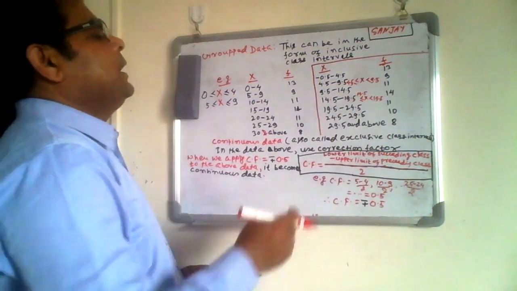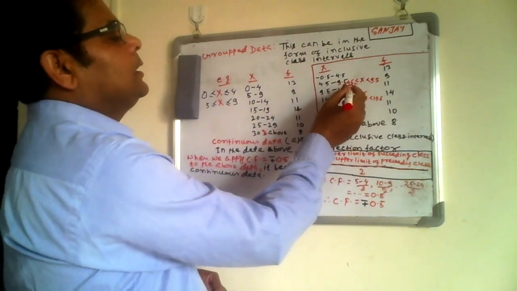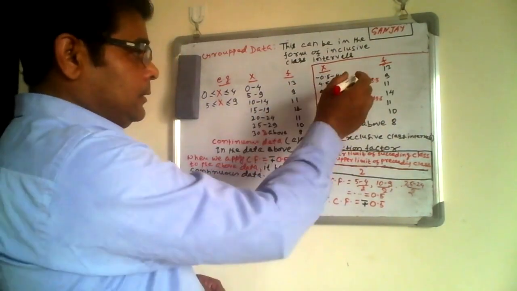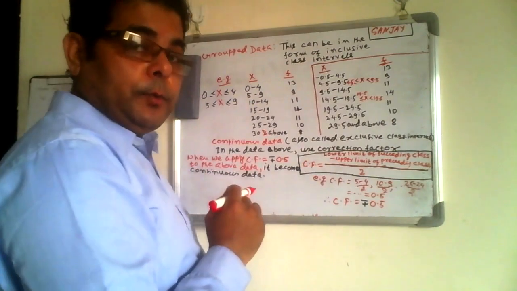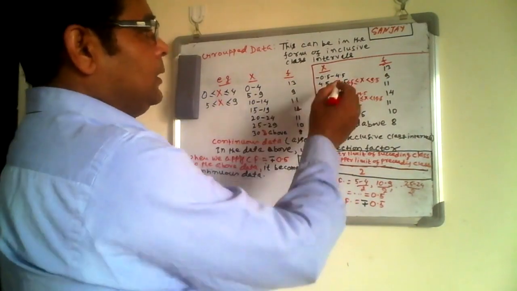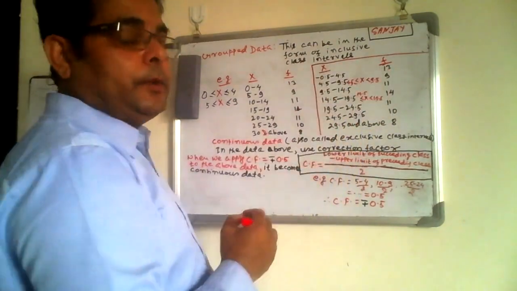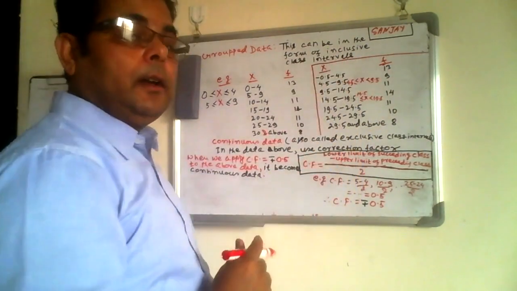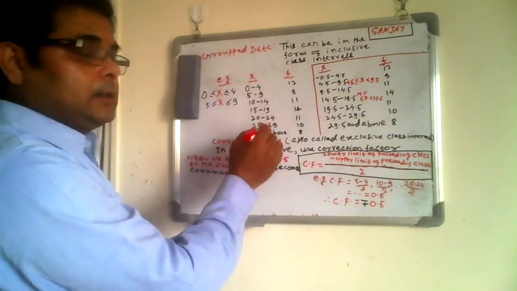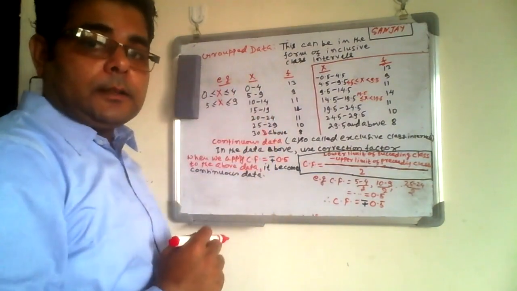So in this case, according to this sign, it includes 4.5 but it doesn't include 9.5. Where that 9.5 is going to be included, that will be counted in another class. Therefore the upper limit of each class interval has been excluded here, and therefore this is called the exclusive class interval. In the other case, the upper limits are included, therefore this grouped data is called inclusive class interval.